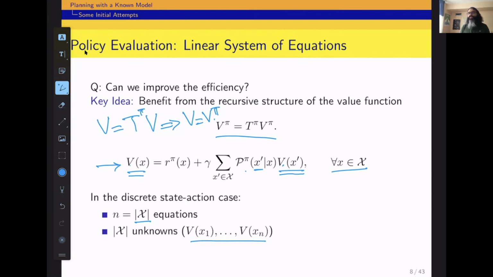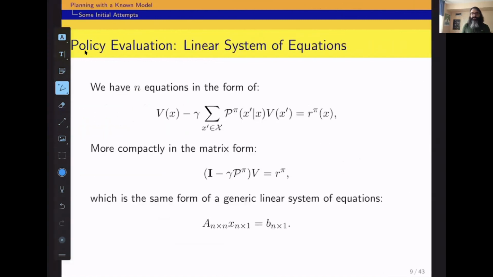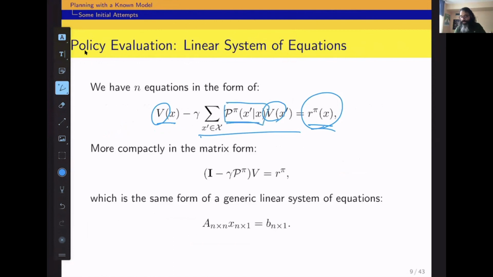It is more clear to see if I just reorganize the equation: v minus this term is equal to reward. I know the reward, I don't know the v's, but v appears here in the form of a linear combination of v's, with the weight of p pi of x prime conditioned on x.